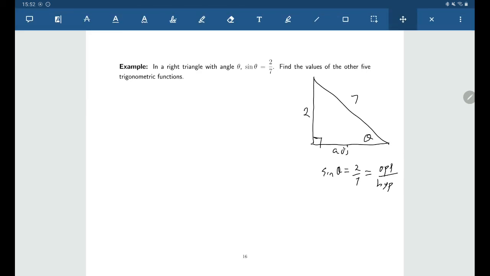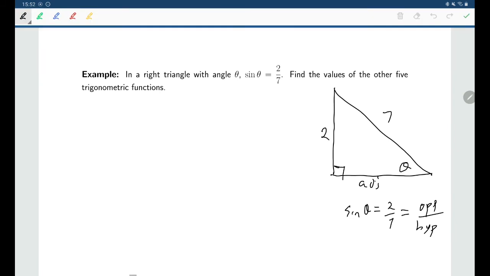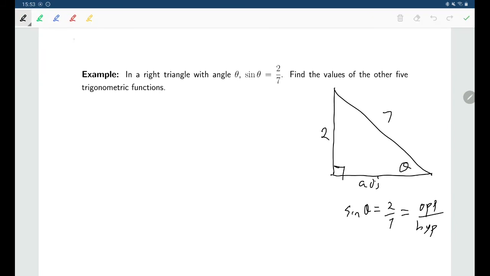Okay, so that means, as before, I should use the Pythagorean theorem to find out what the adjacent side is, so I'll do that up top here. I have the opposite side squared plus the adjacent side squared is equal to my hypotenuse squared. And if you were to simplify this, this would give you that the adjacent side squared is 7 squared minus 2 squared, or 49 minus 4, which is 45.